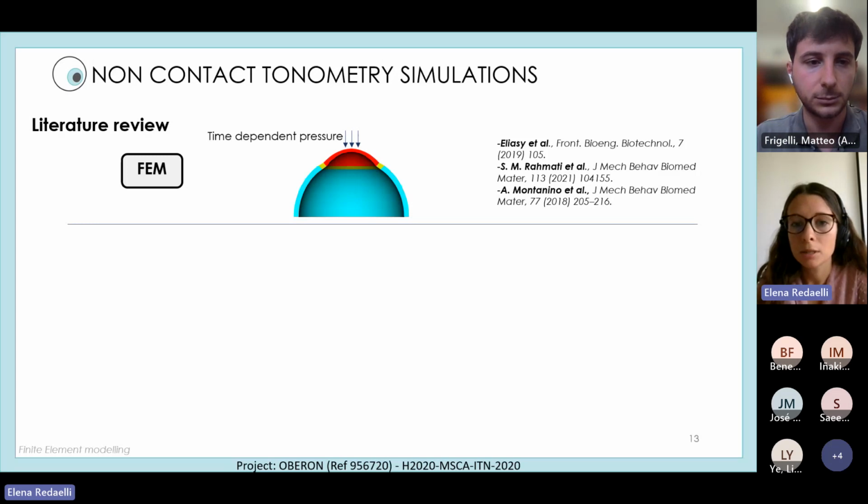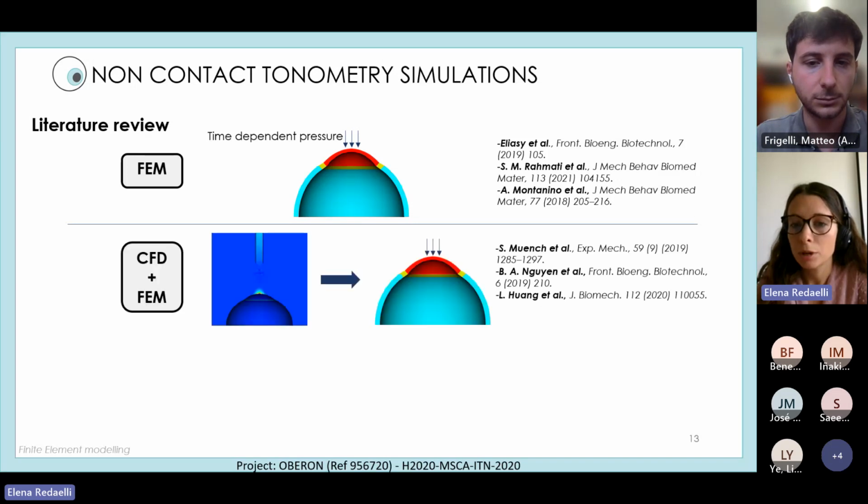But some other authors discovered that the geometry of the eye plays an important role in the deformation of the eye during the air jet. So they performed firstly a computational fluid dynamic simulation in order to have the correct distribution of the pressure over the corneal surface, and then they used the output of this simulation to load the structure of the eye.